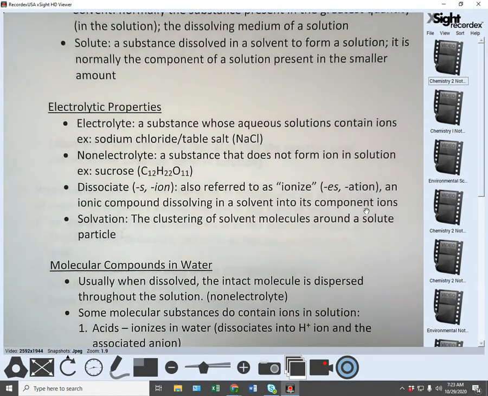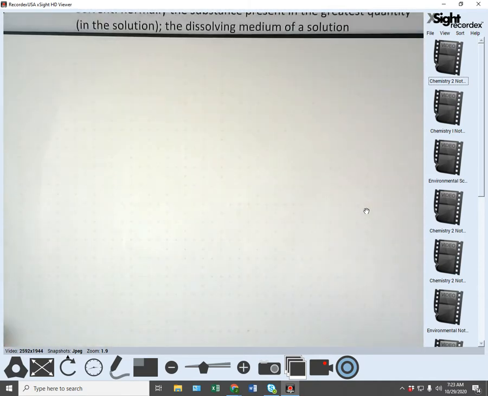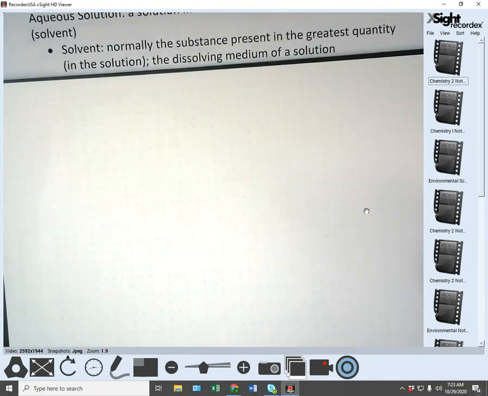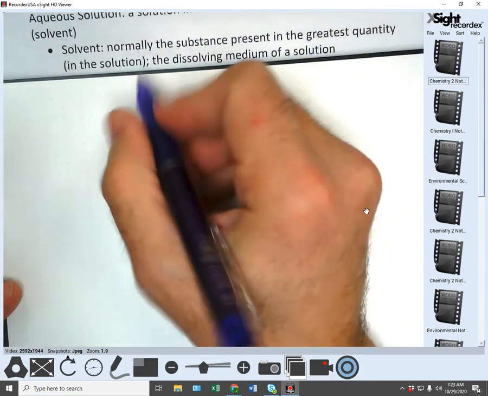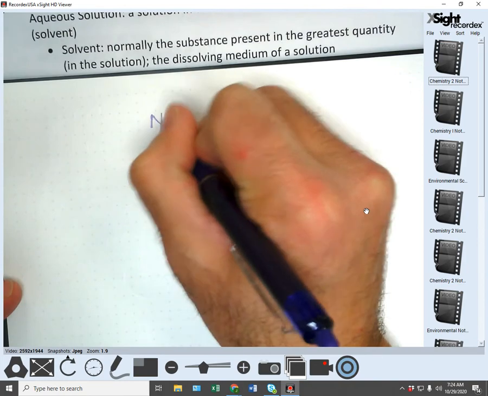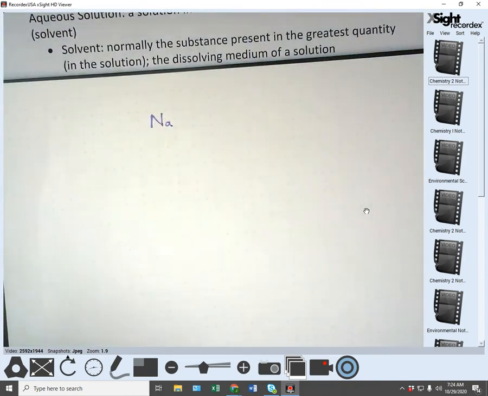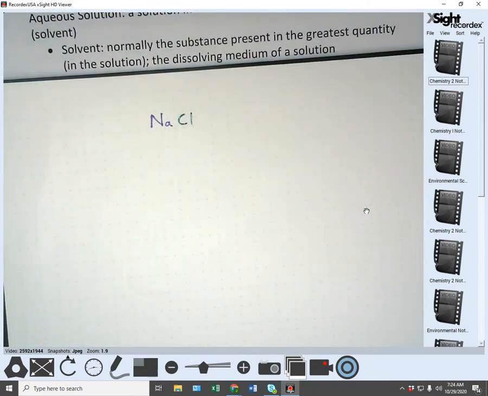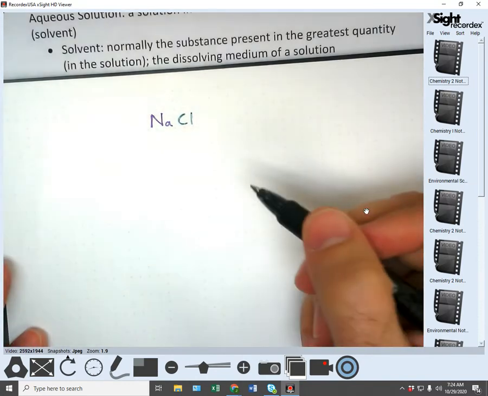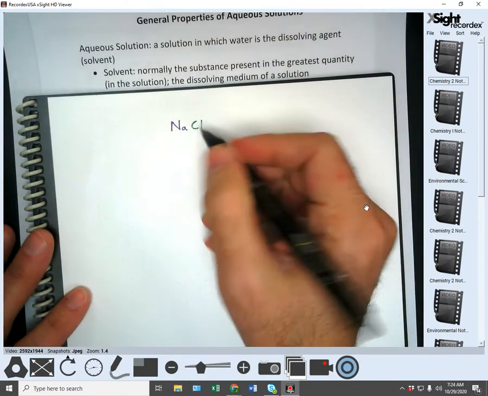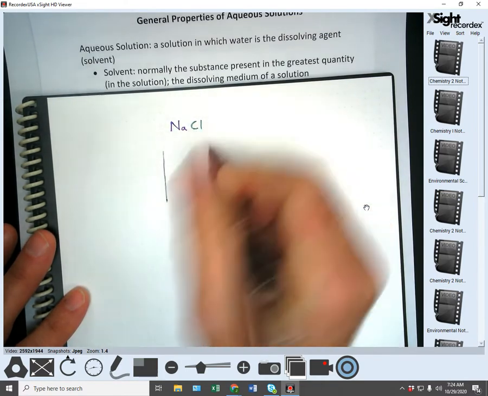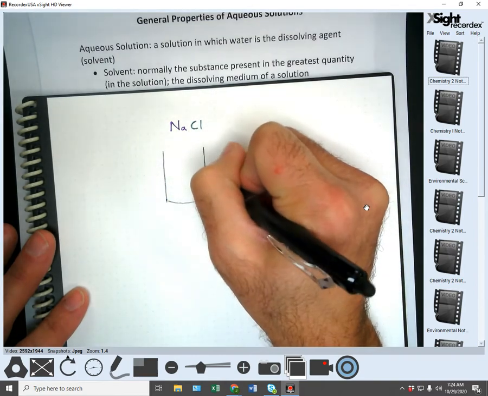So what happens in ionization is you have something like sodium chloride, right? And now you guys get to enjoy my wonderful drawing abilities here.